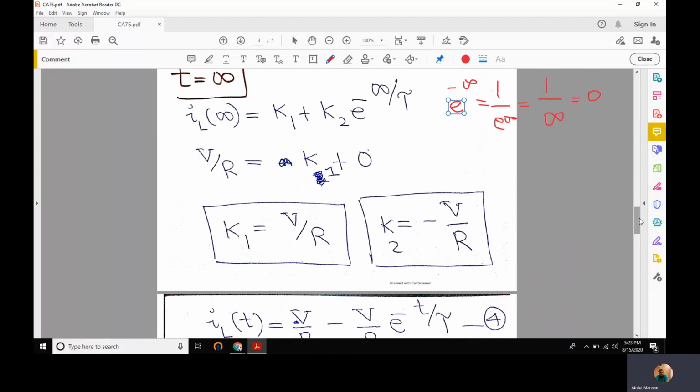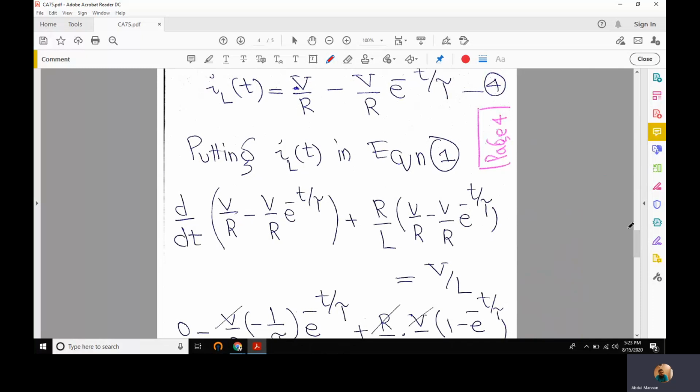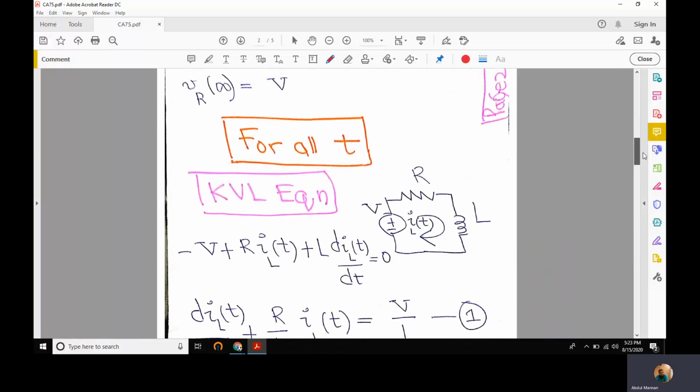Now we have computed two unknowns, k1 and k2, and the only unknown is tau. For that we have to put this in equation number 1. What is equation number 1?